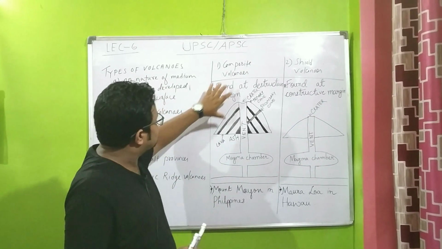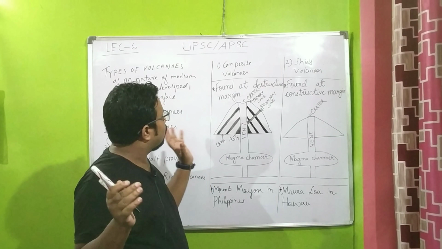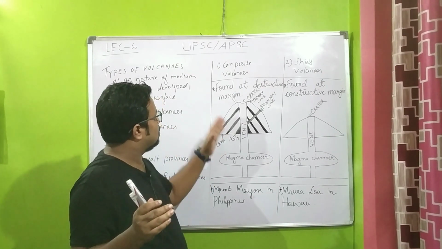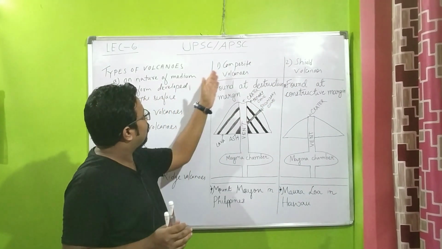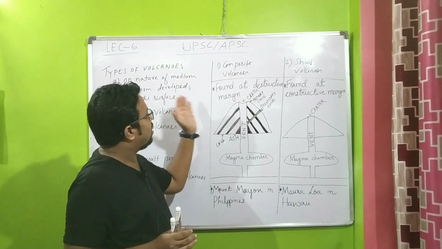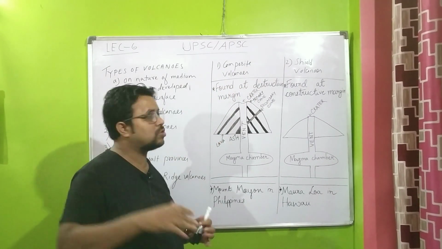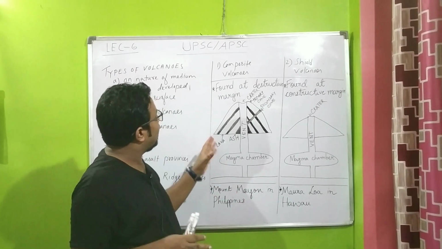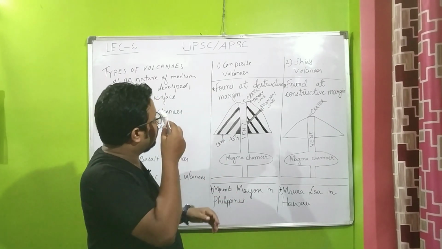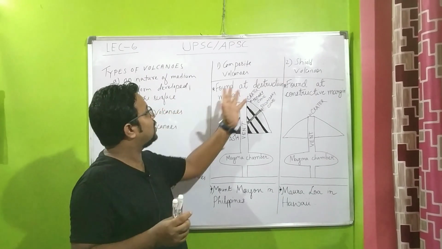Only one point I have not mentioned there. Composite volcanoes are found at a destructive margin, which I have not mentioned in the composite lavas. Here I am mentioning that composite volcanoes are found at what?